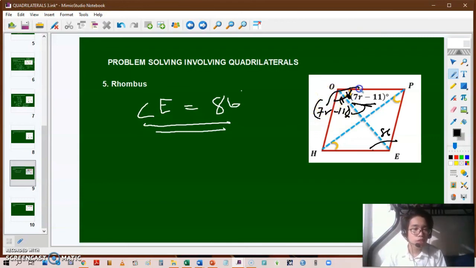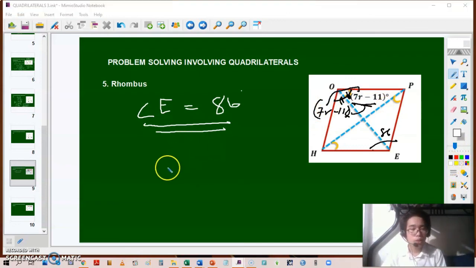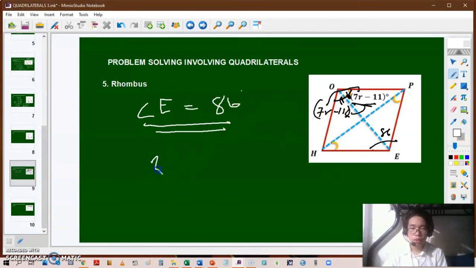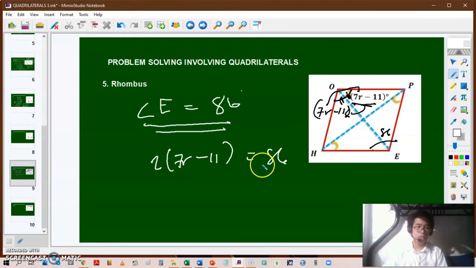So we have two 7r minus 11s here, and we can equate them now, since we have the two angles that we need, to 86 degrees. So that's going to be 2 times the quantity 7r minus 11 is equal to 86 degrees.